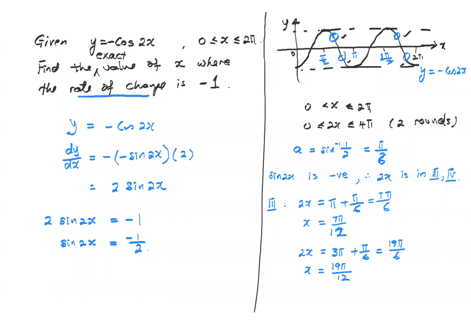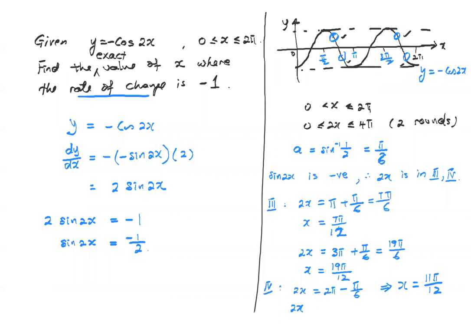If you talk about the fourth quadrant, then your 2x will be equal to 2 pi minus pi by 6. So this one, I straight away give you the answer. X equals 2 minus 1 over 6, calculator, 11 over 6. So 11 pi by 12.